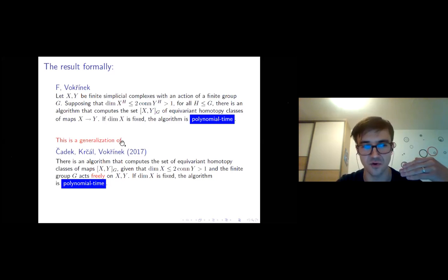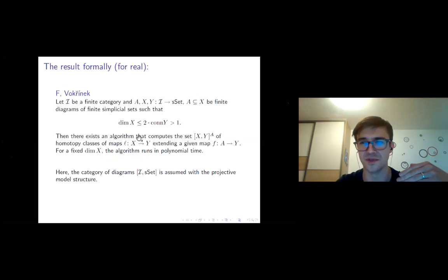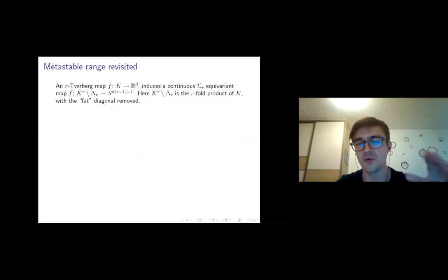And actually, this is no easy generalization how we achieve this. What we actually did was something about diagrams of simplicial sets, and we got the group action as a kind of corollary of what we did, but that's not important. So how it works in the metastable range is how we use the theorem actually.